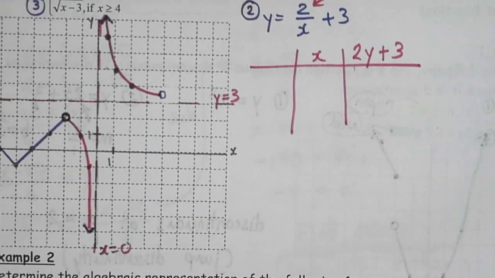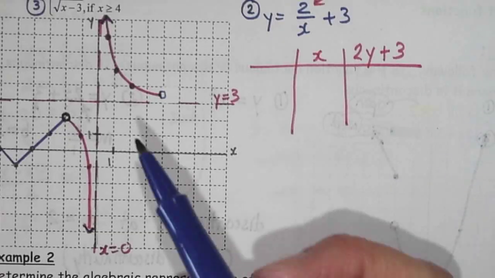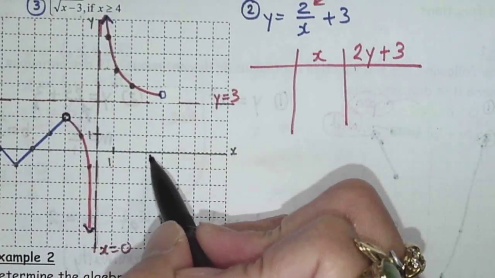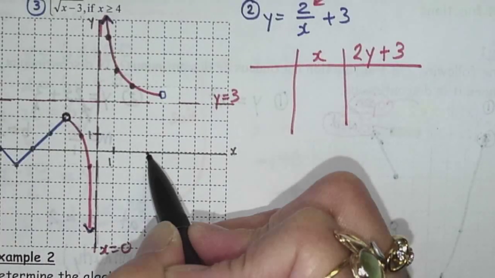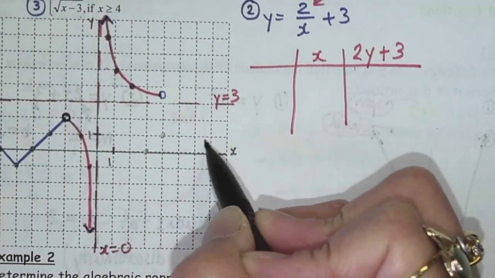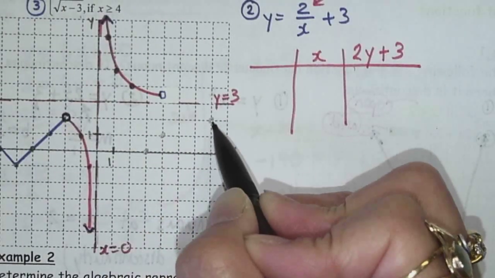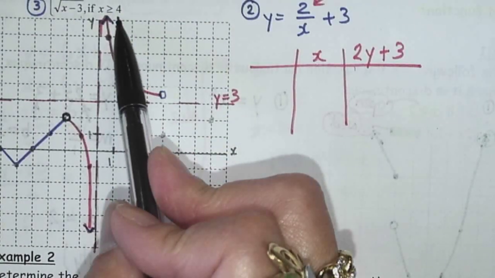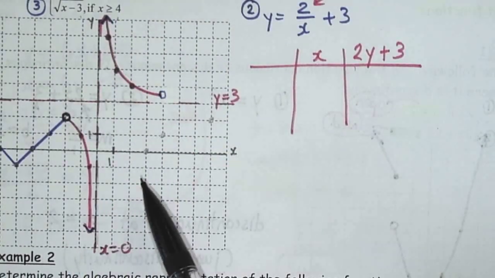Our last one is just the square root function, so that's a little bit easier. It's going to be to the right 3, so it'll be here. Right, and I would do a solid dot here over 4 up to like that, but it's asking for greater than or equal to 4.